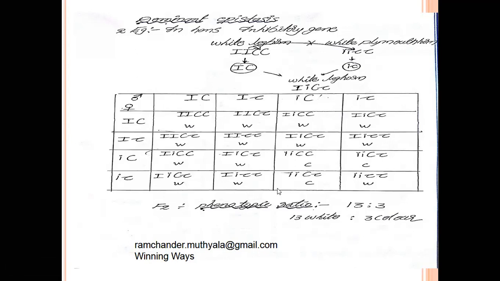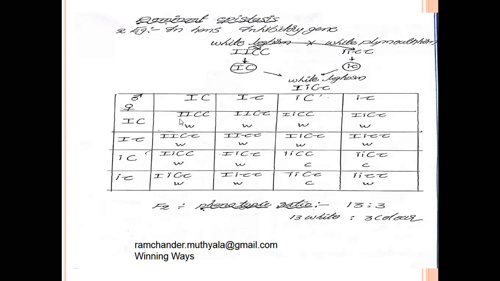In the F2 generation, 16 types of zygotes are formed. Of these 16, 13 types of hens contain white-colored hairs.